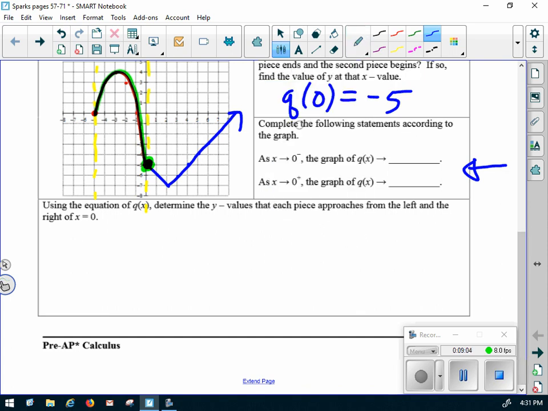Now I want you to look right there. That says as x approaches 0 from the left. What that means is x is approaching 0 from numbers smaller than 0.